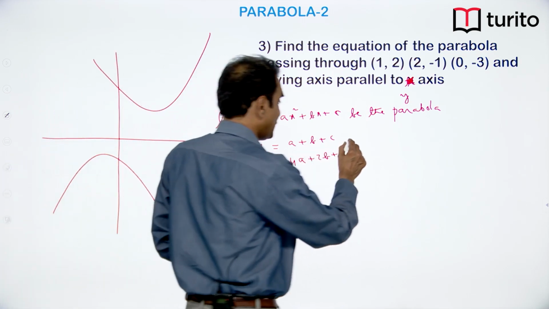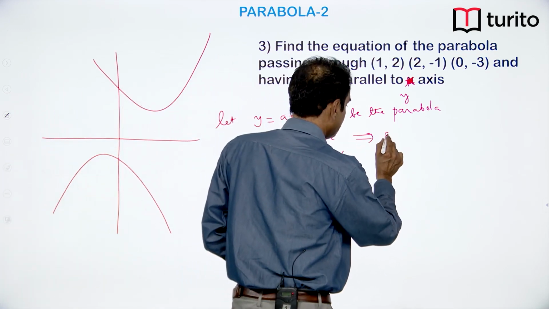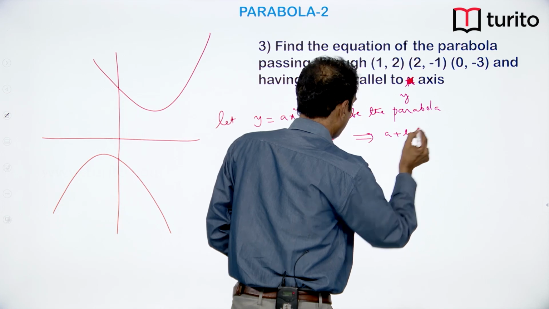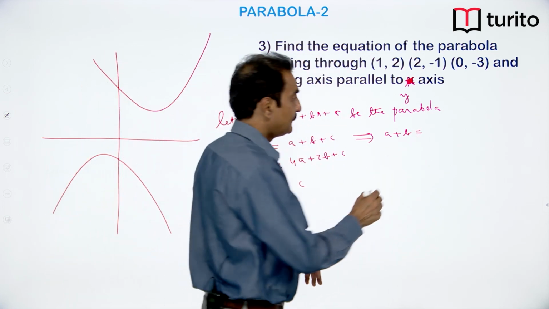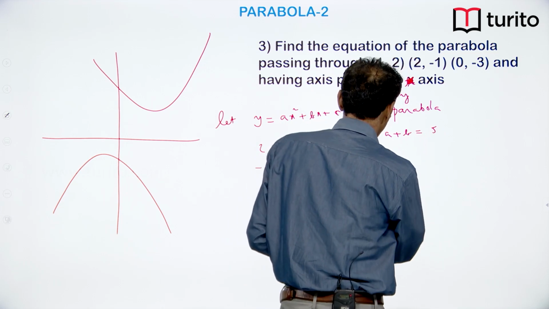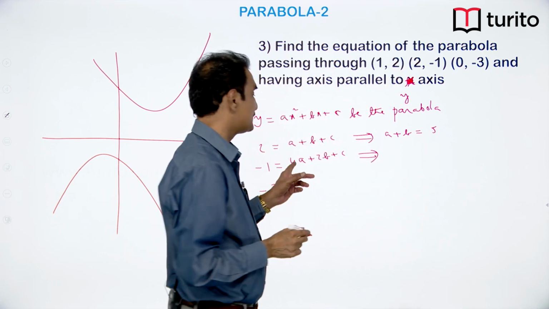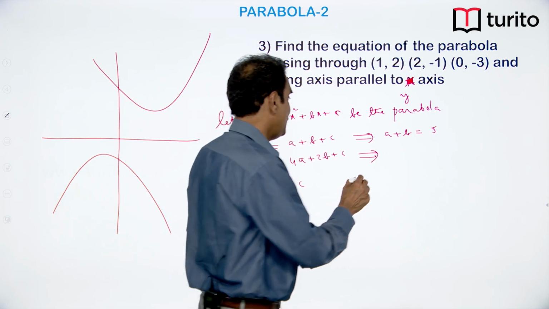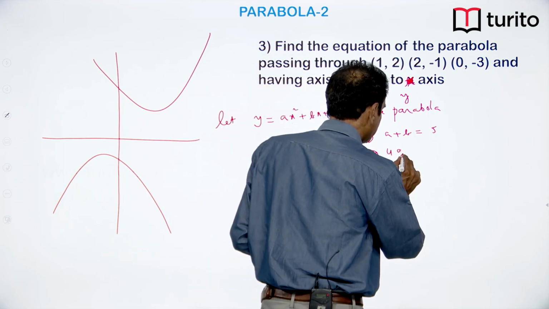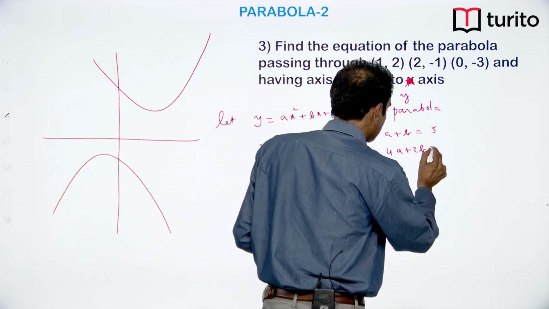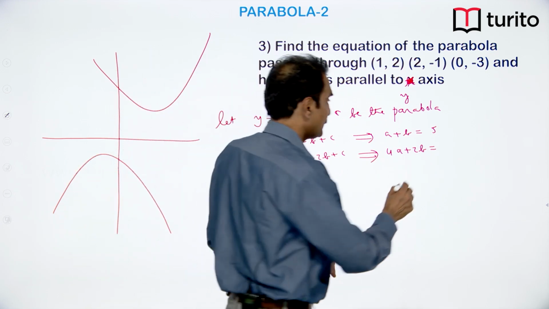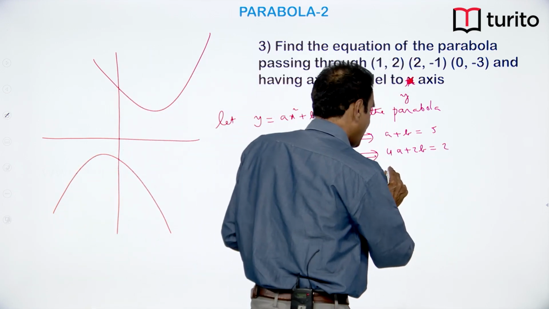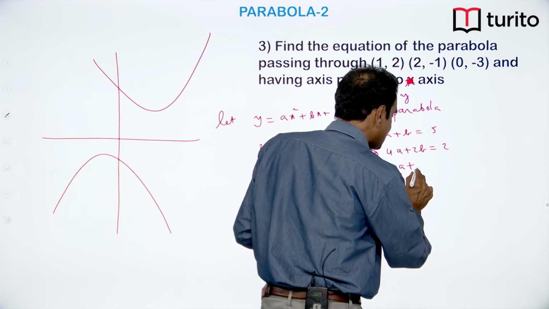Then first equation becomes a plus b is equal to 5. Second equation becomes 4a plus 2b is equal to 2, or dividing by 2, 2a plus b is equal to 1.